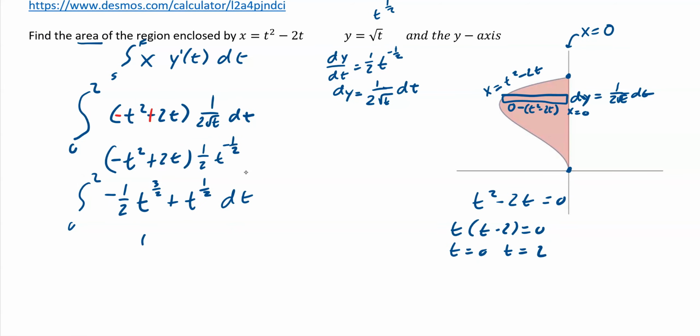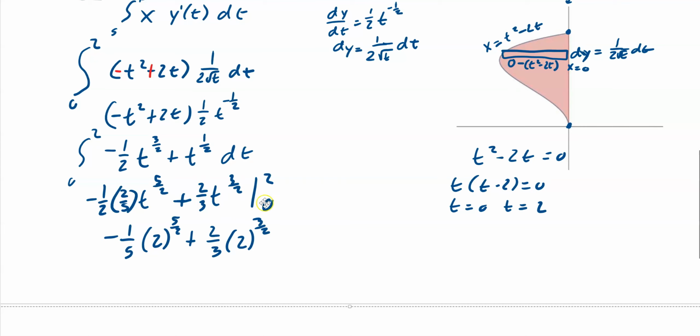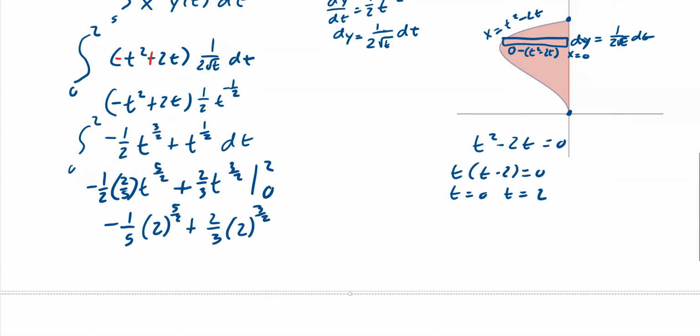All right, so then we add 1, so 5/2 times 2/5 plus 3/2 times 2/3, from 2 to 0. So you have negative 1/5 times 2 to the 5/2 plus 2/3 times 2 to the 3/2. And then the 0 is just going to make it 0.